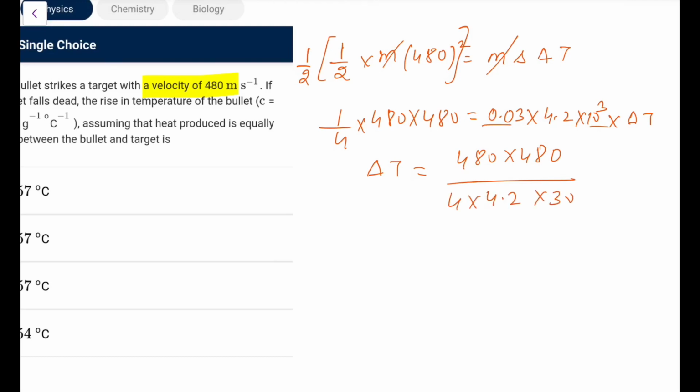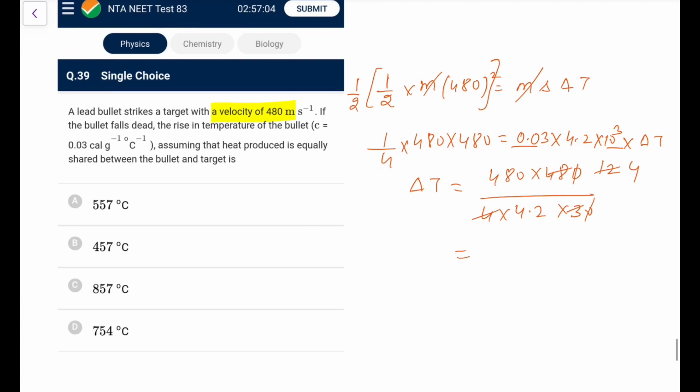So this gets cancelled. Now what we are left with, 48 into 4 upon 4.2, that is less than 480 but won't be much lesser than 480. As per the option, it should be 457 degrees Celsius.